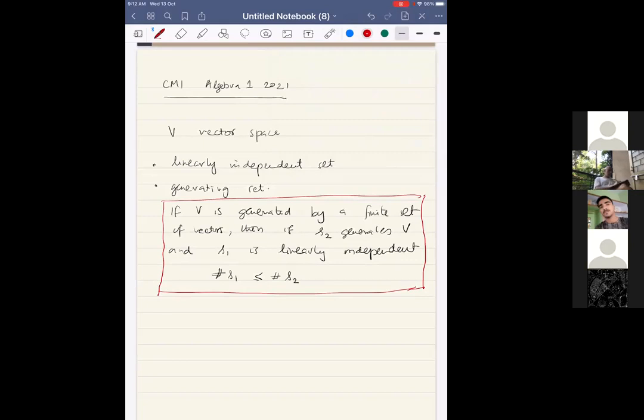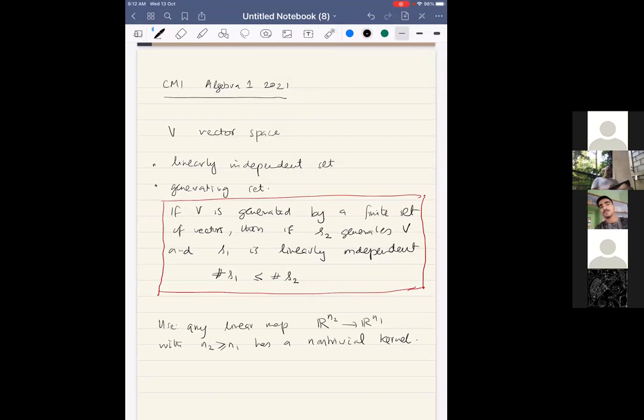Okay, use the following result. Any linear map from R^n2 to R^n1 with n2 bigger than n1 has a non-trivial kernel. If there are more unknowns than the number of equations, you can always find a non-trivial solution.